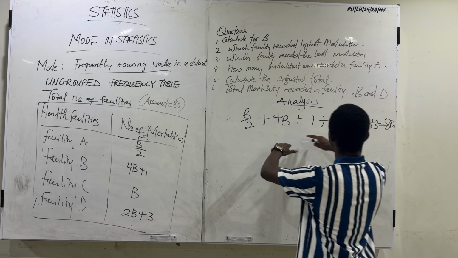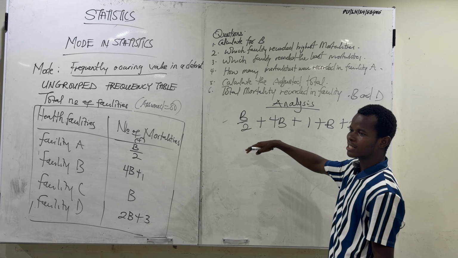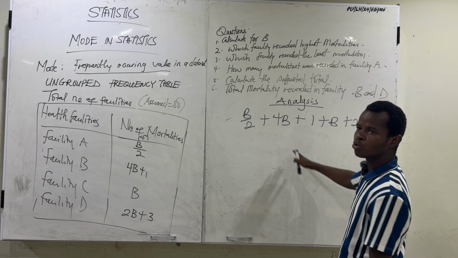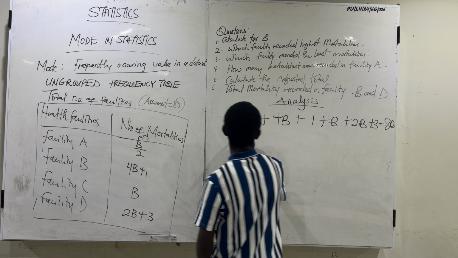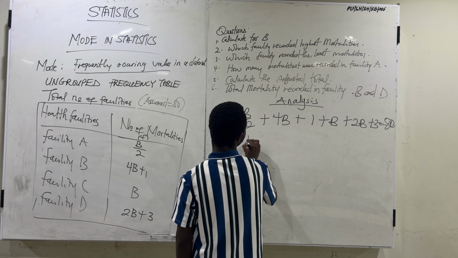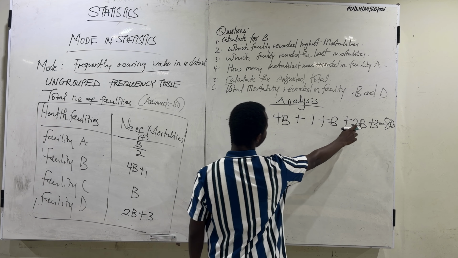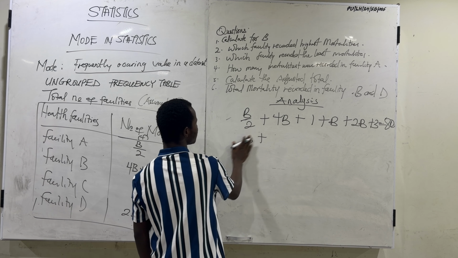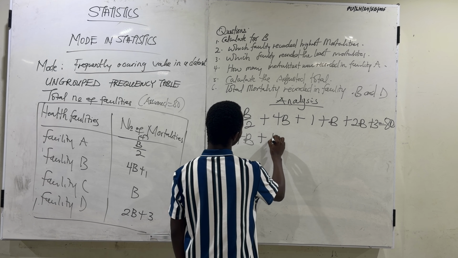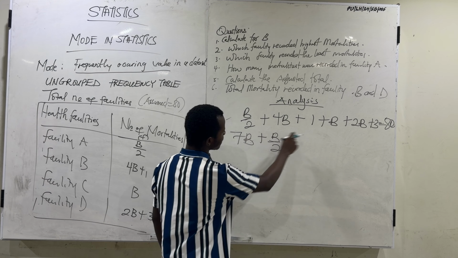From this point, you group like terms, so all those which contain B go to one side, and the actual values go to the other side. So we have 4B plus B, which gives us 5B, and you have another 2B here, so we get 7B plus B over 2 equal to 80.